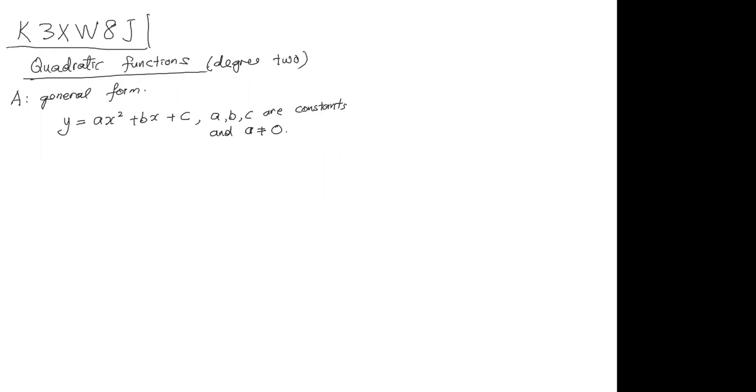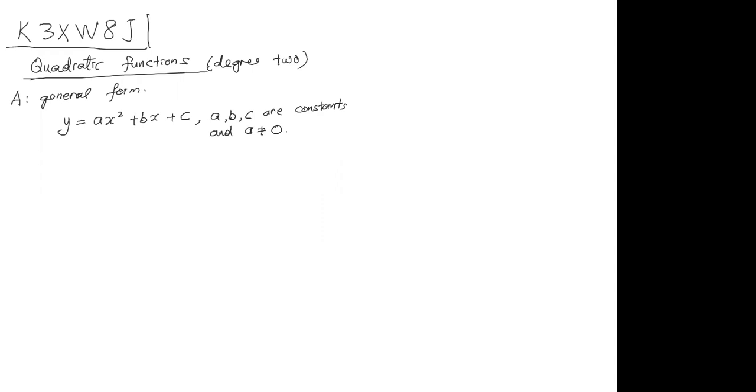Okay, so from this general form, what are the things that you can extract straight away? You don't have to do any calculation, you can straight away tell about the property of this function.